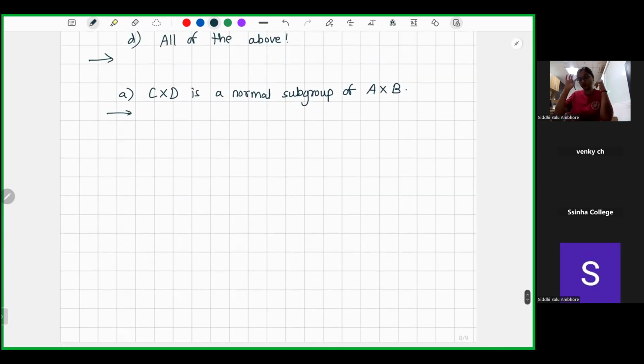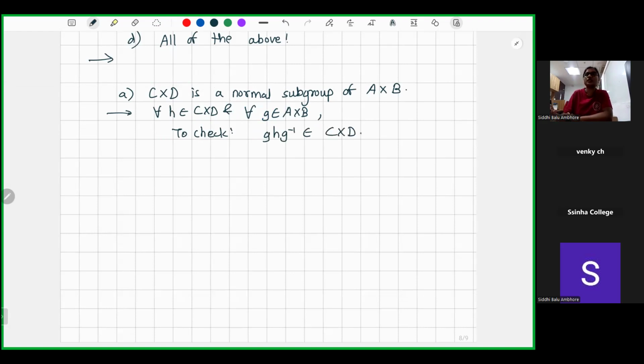Is this true or false? We have to prove that C cross D is a normal subgroup of A cross B. So what we need to do is, for all H in C cross D and for all G in A cross B, check whether GHG inverse belongs to C cross D or not.